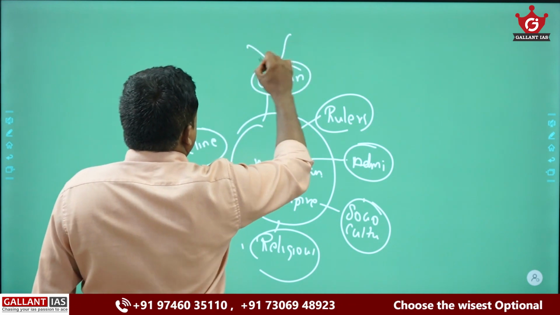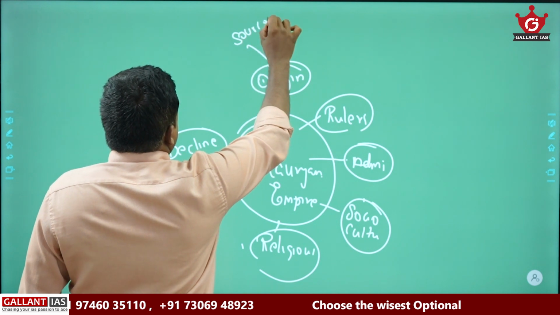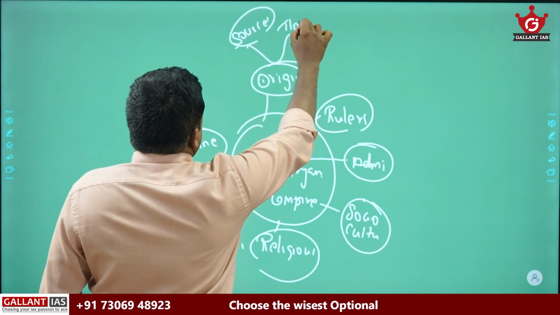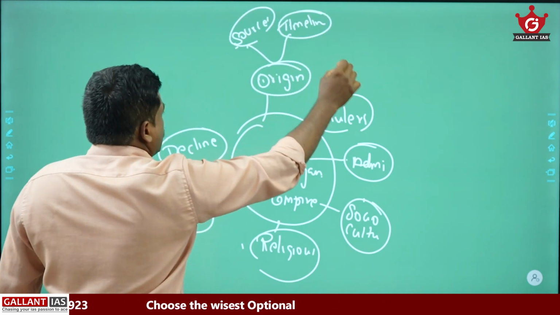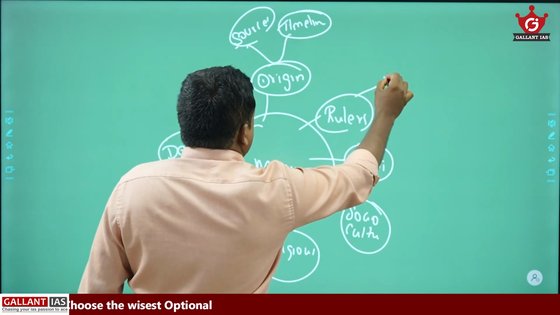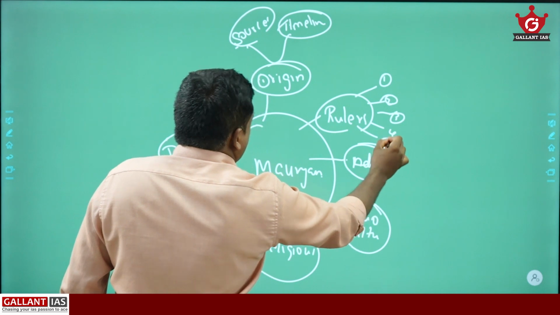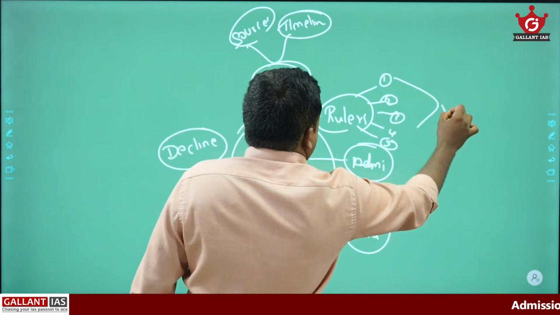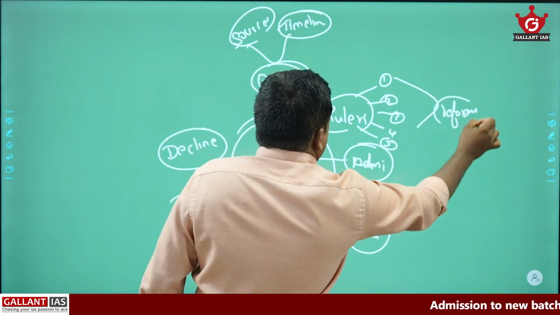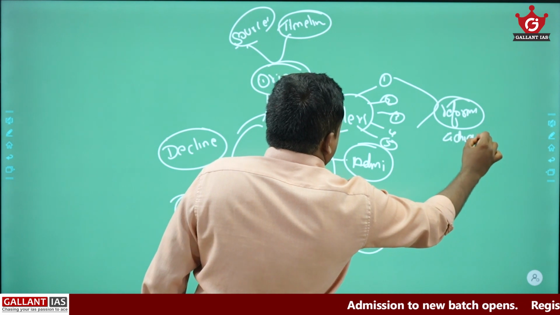So cover it this way: sources, sources of origin, or the timeline. Then rulers, different rulers are there: one, two, three, four, or five rulers. Then you cover their reforms or their achievements.